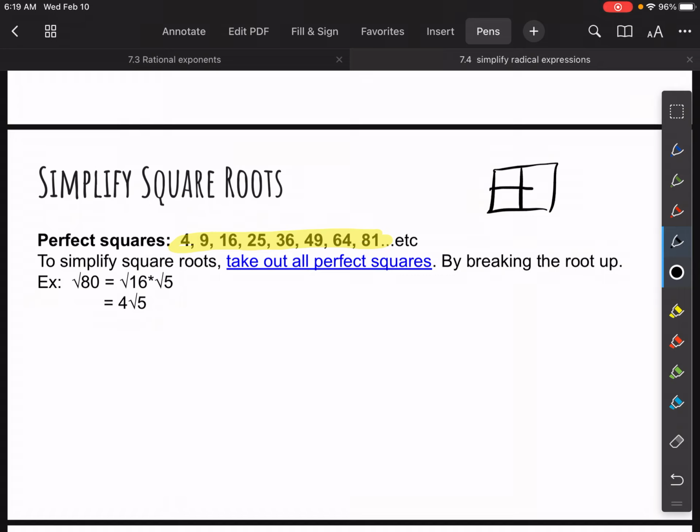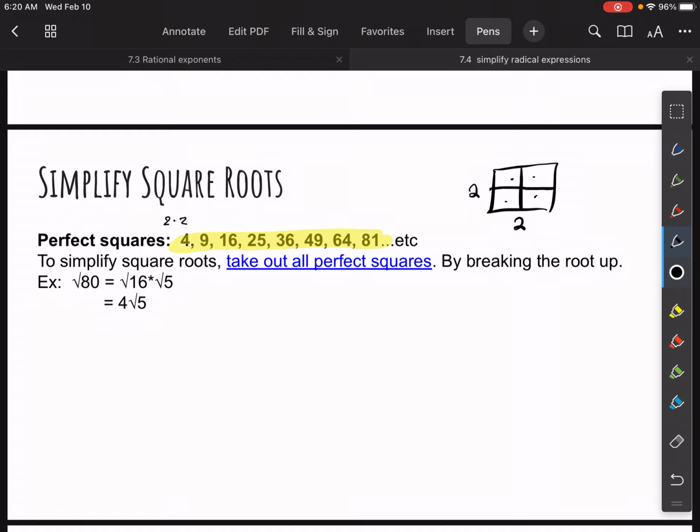If I have a square and I divide it up into individual 1 by 1 pieces, notice that there's 4 pieces, right? And if I break it up into even pieces, then it's a 2 by 2 square. So the perfect square of 4 is 2, right? 2 times 2 gives me the perfect square 4. 3 times 3 gives me the perfect square 9. 4 times 4 gives me the perfect square 16, etc.